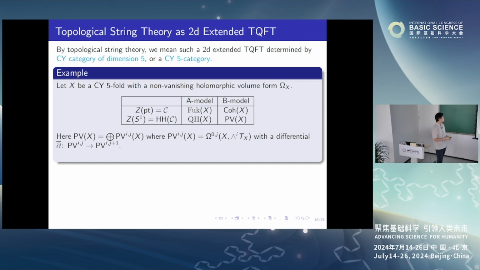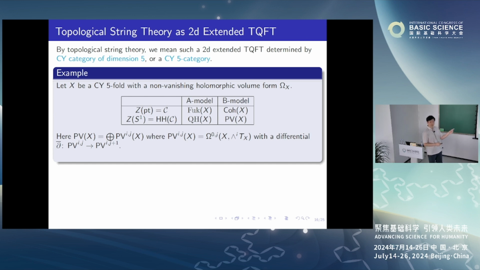And as I claimed, whatever these things are, they determine everything of your field theory, in particular what you assign to S1 as well. Abstractly, that is going to be what's called Hochschild homology. Computing the Hochschild homology of the Fukaya category and of the category of coherent sheaves gives quantum cohomology and polyvector fields respectively.